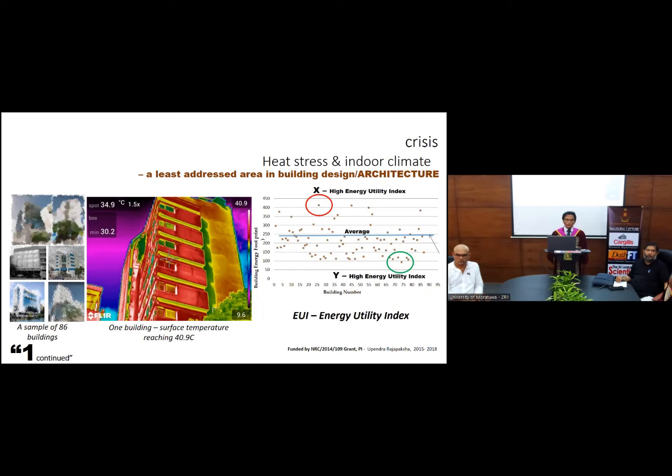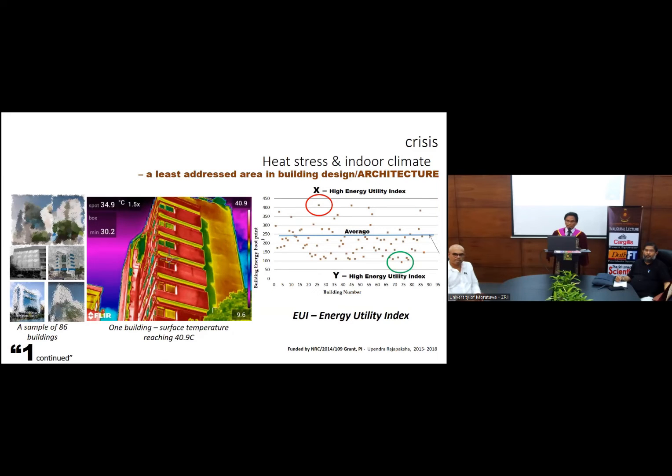There are two circles, X and Y. X is in red and Y is in green. X has 400 kilowatt hours per square meter per annum, and Y has nearly 100 kilowatt hours per square meter per annum. So one might think that the buildings within the green circle are better and good.